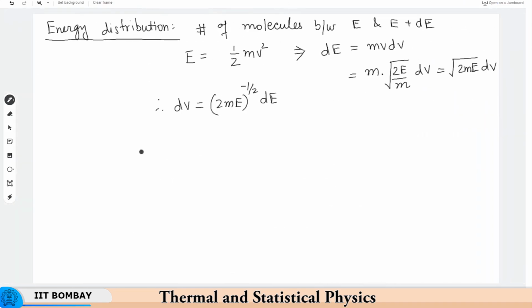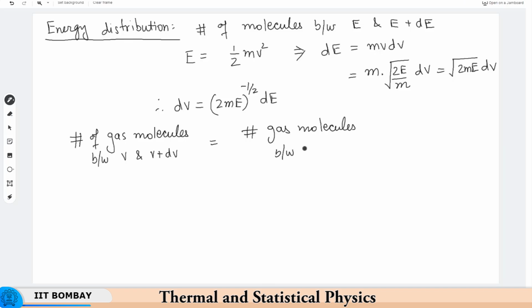But we are making a very subtle assumption. We are assuming that the number of gas molecules between V and V plus dV is exactly equal to the number of gas molecules between E and E plus dE, or in terms of notation we can write d of N_v equals d of N_E.